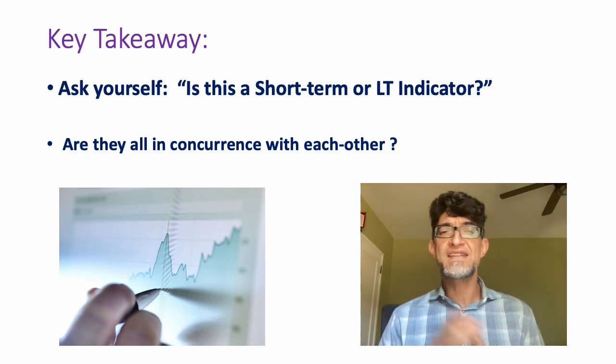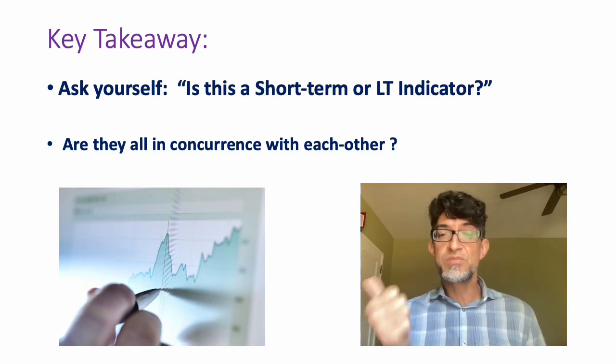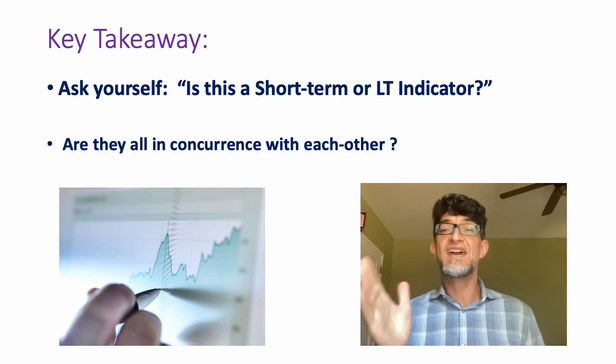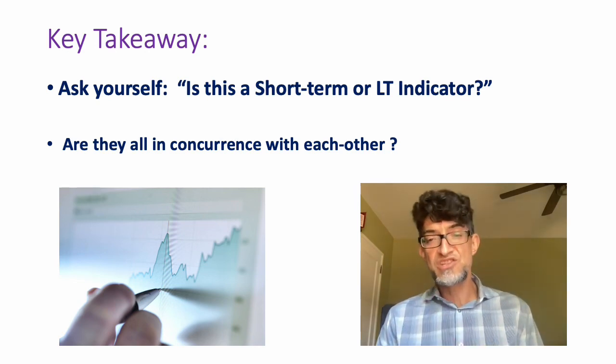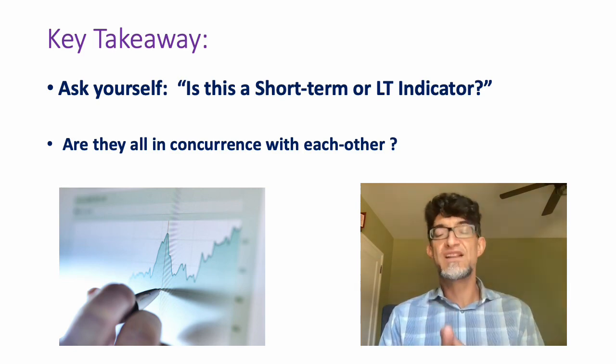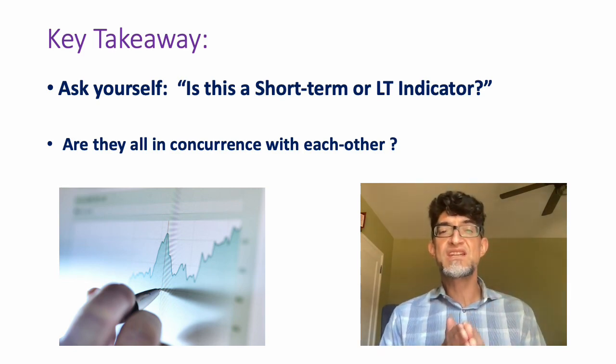And also, lastly, are these indicators or charts giving concurrence? Number one, are they concurrent with each other, meaning are the short-term indicators bullish with long-term indicators, and are crypto charts also in concurrence with the equities charts or commodities charts or bond charts? You always want to see concurrence with all these indicators.